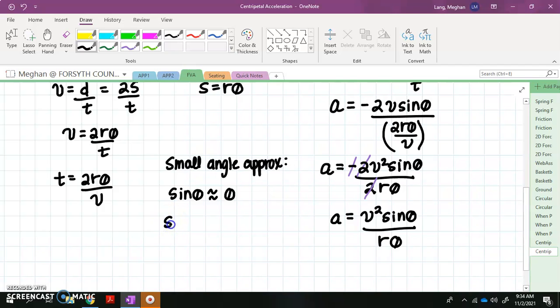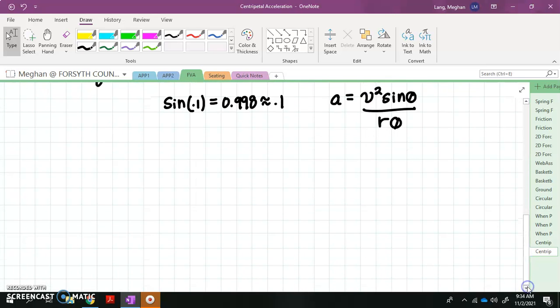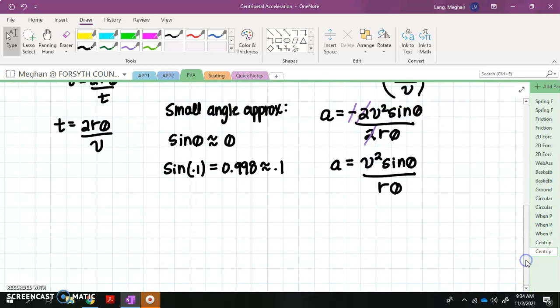So an example would be that sine of 0.1 is equal to 0.998, which is basically 0.1. So for any of these pieces, we're going to be looking at these small angles. So I'm going to use a small angle approximation here to say that the sine of theta is basically theta, which would allow me to get rid of this sine theta and get rid of this theta. They would cancel out if they are the same thing.